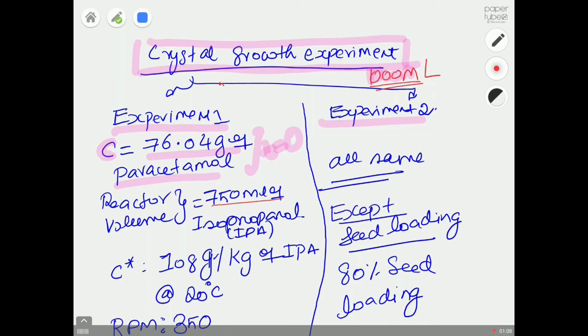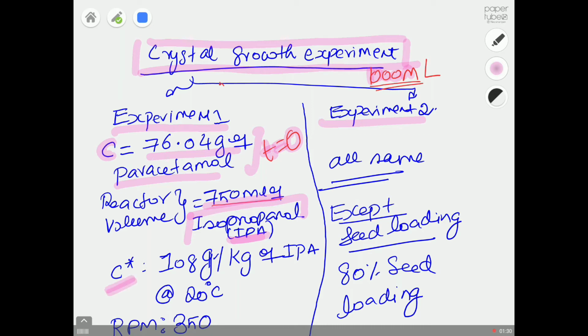So take a note of this one. My reactor volume is just 750 ml, and my solvent is isopropanol. Shortly, I used the acronym IPA. IPA means isopropanol. And these are some data which I already know.